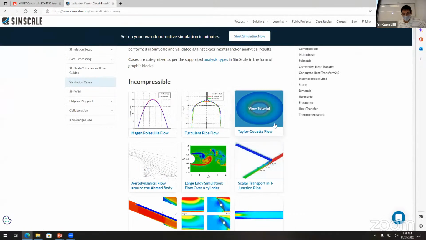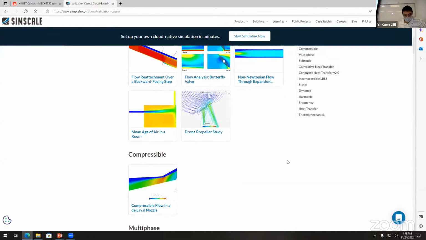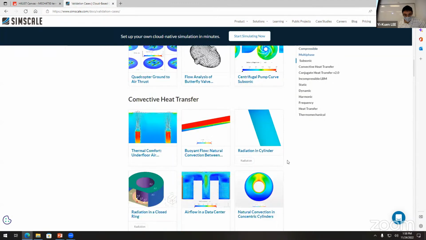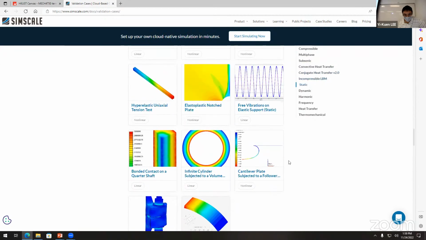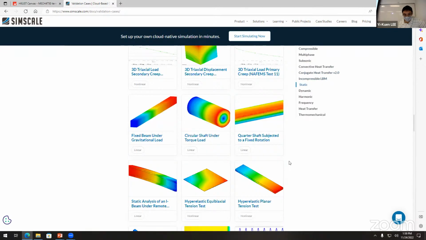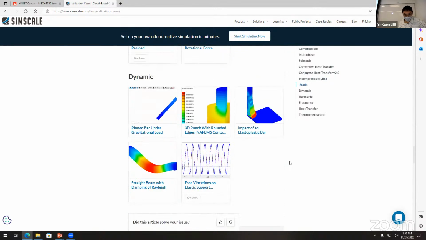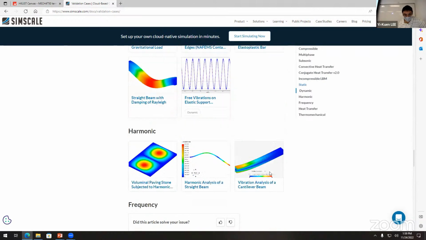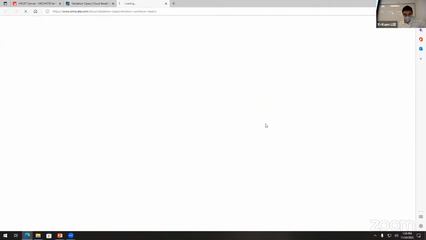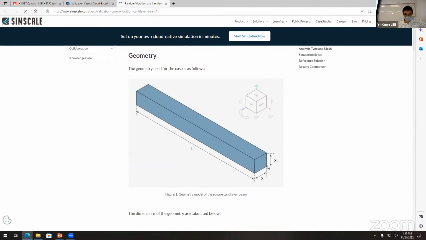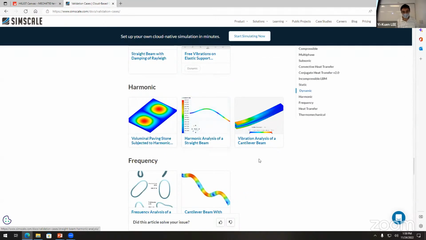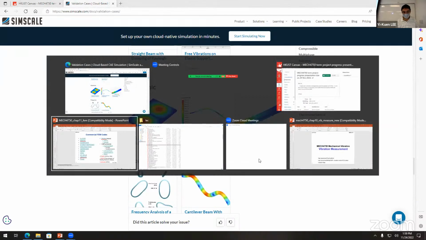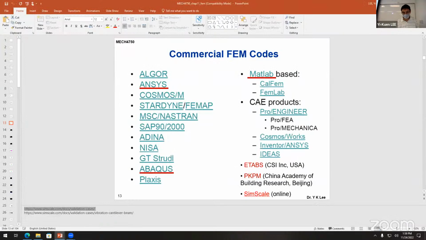You can see it is able to solve a series of problems in different mechanical engineering aspects: fluid mechanics, sound, and vibration. It's pretty sophisticated online software now, and you may want to consider giving it a try.